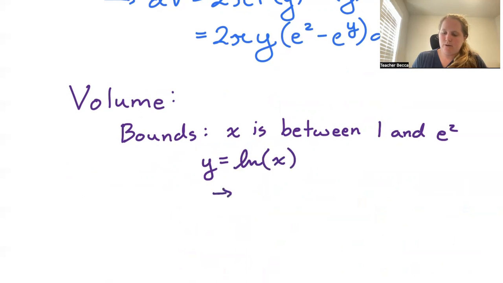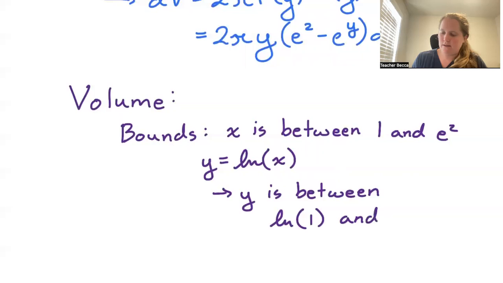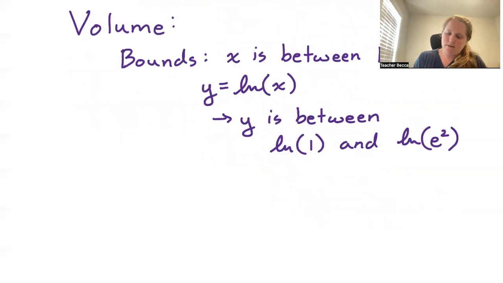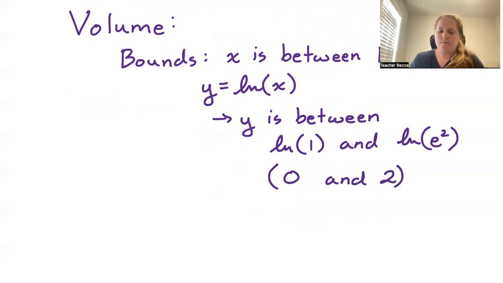So y is between the natural log of 1 and the natural log of e squared, otherwise known as 0 and 2.